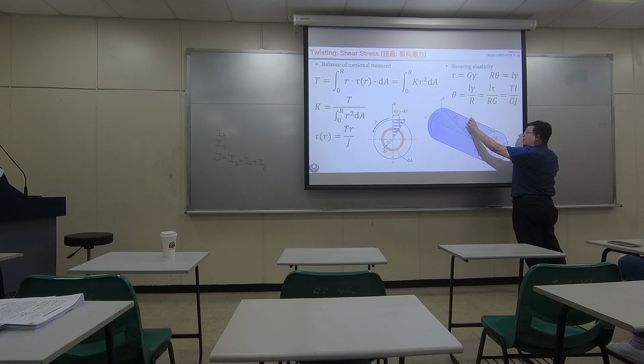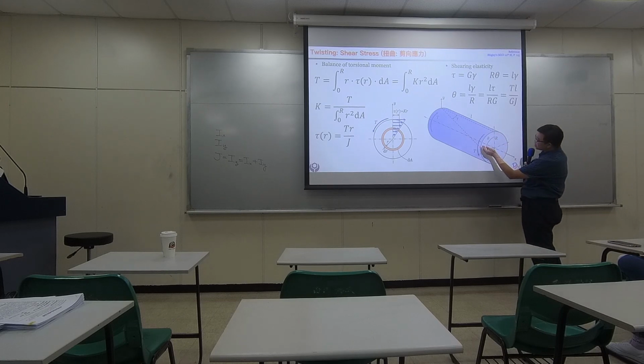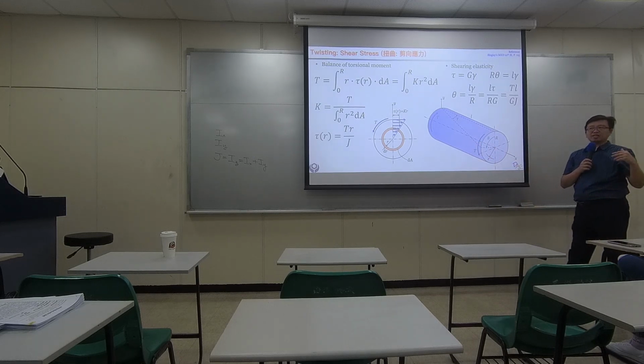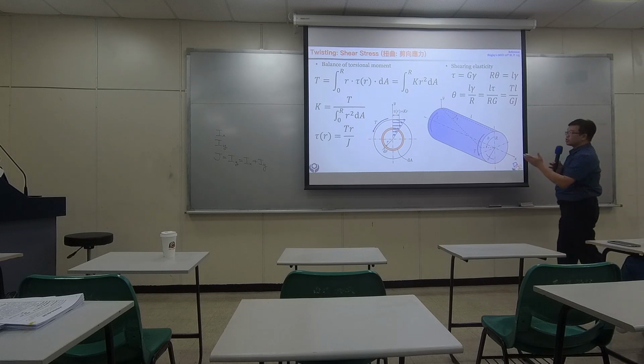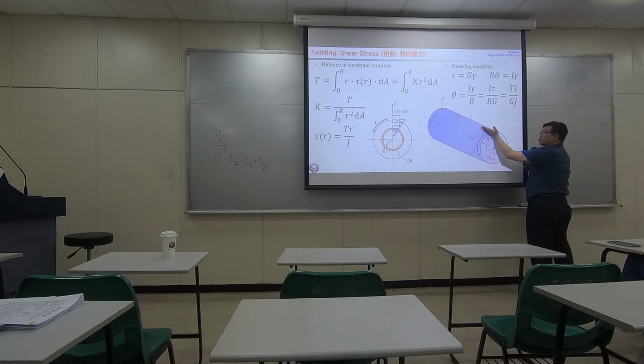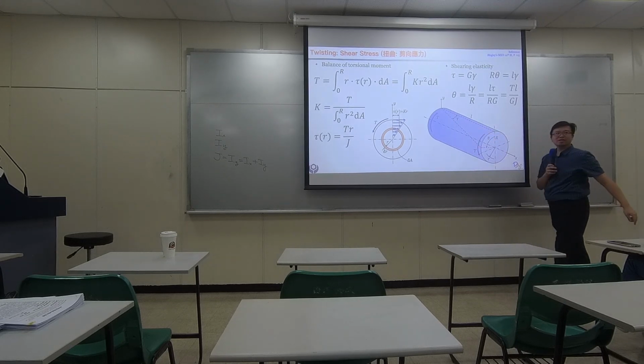But L times gamma equals this one is a little weird, because it doesn't look like a circular arc along this way. However, as I mentioned, we are dealing with very small deformation. So when gamma is so small, the arc length here is almost the same as L times gamma.